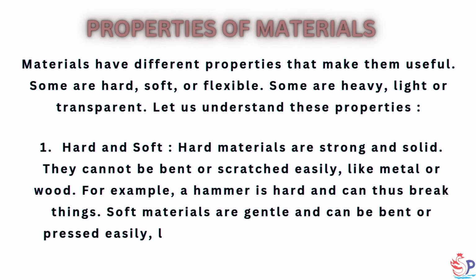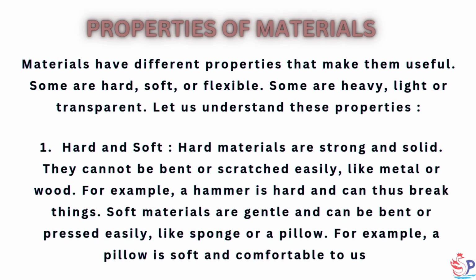They cannot be bent or scratched easily, like metal or wood. For example, a hammer is hard and can thus break things. Soft materials are gentle and can be bent or pressed easily, like sponge or a pillow. For example, a pillow is soft and comfortable to use.